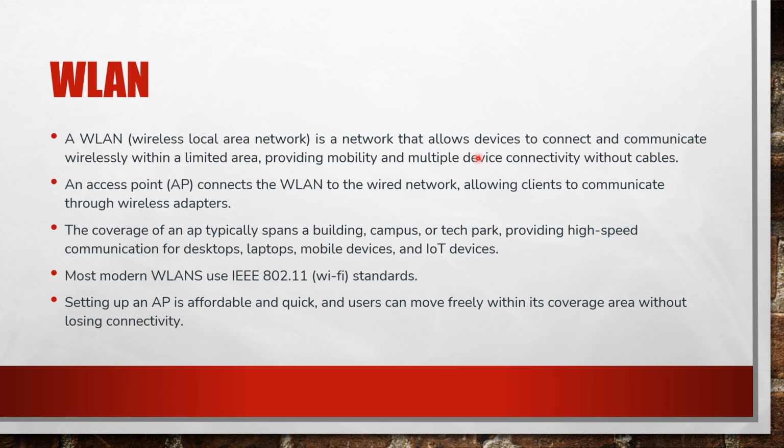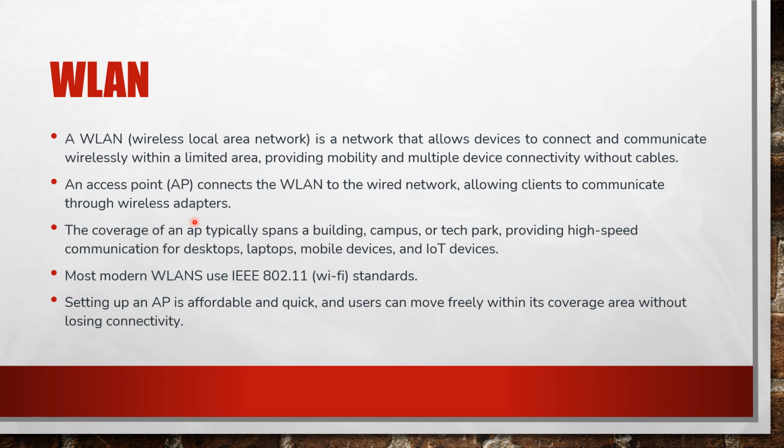So it is a network which allows devices to connect and communicate wirelessly within a limited area, providing mobility and multiple device connectivity without cables, which we already mentioned. And an access point, which we are mentioning, is the most important thing in any wireless network. It connects the WAN to wired networks, allowing the clients to communicate through wireless adapters.